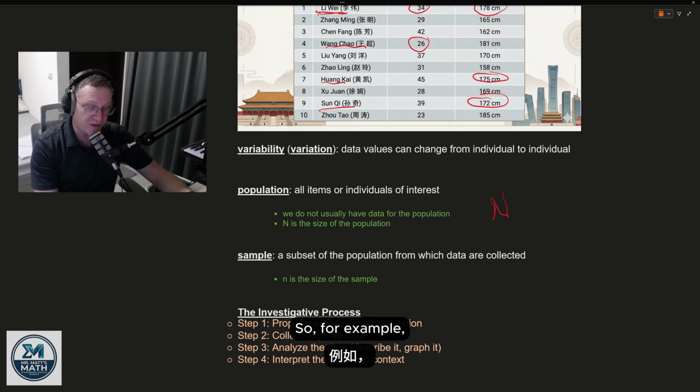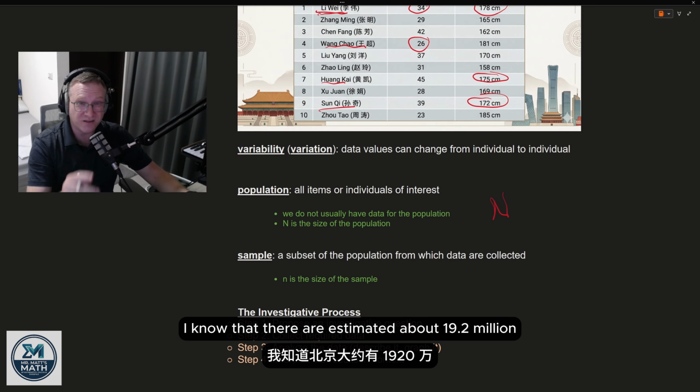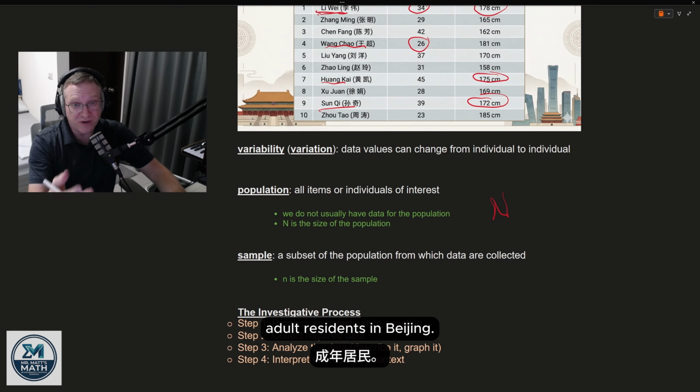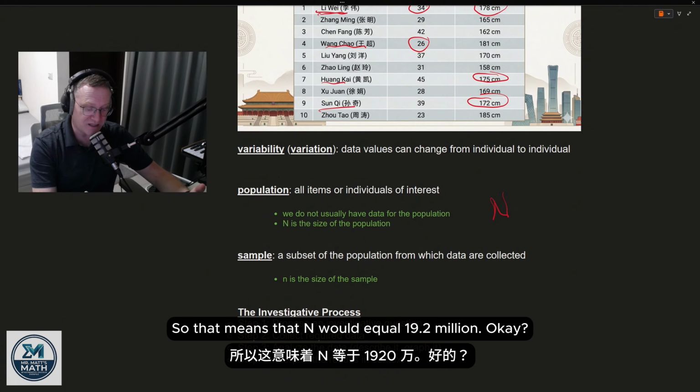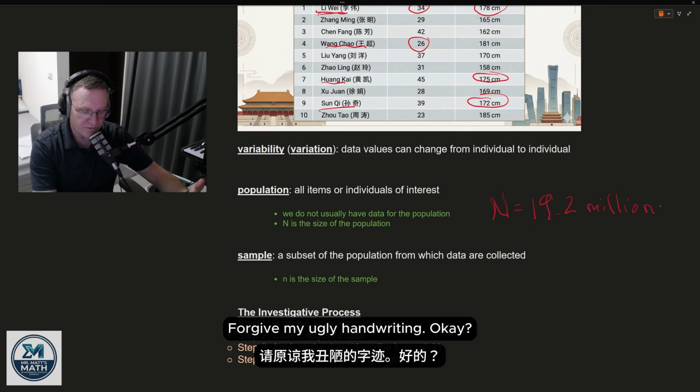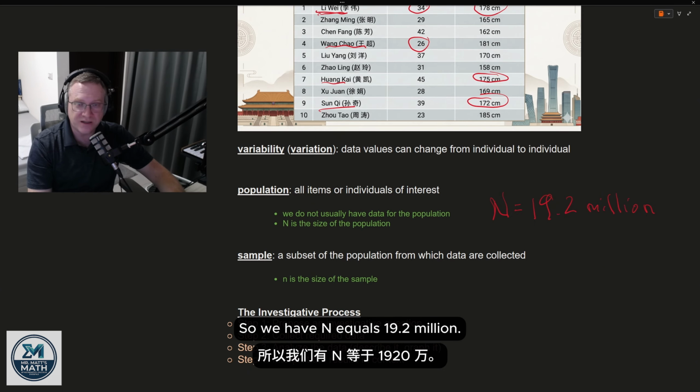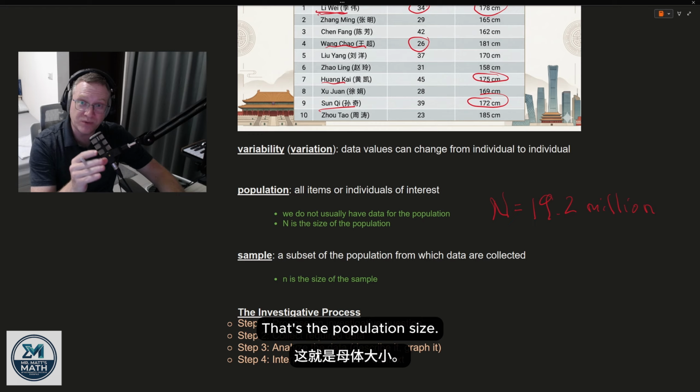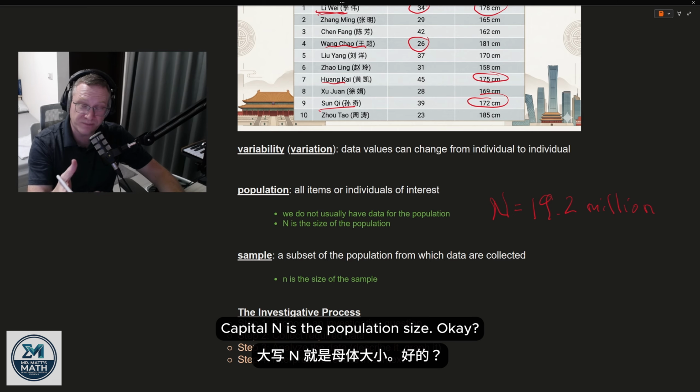So, for example, I know that there are an estimated 19.2 million adult residents in Beijing. So that means that N would equal 19.2 million. Okay? Forgive my ugly handwriting. Okay, so we have N equals 19.2 million. That's the population size. N, capital N, is the population size.